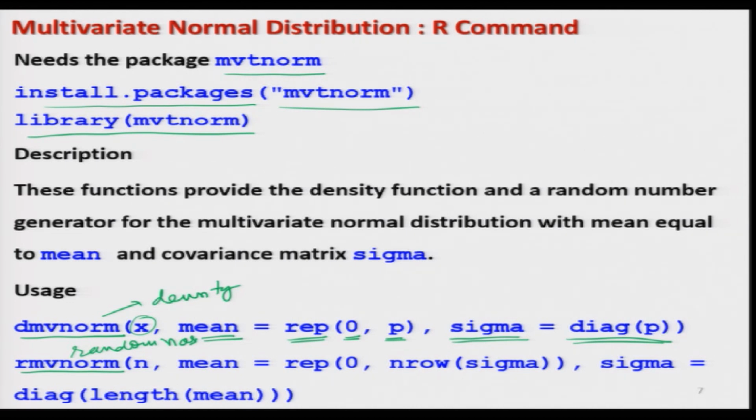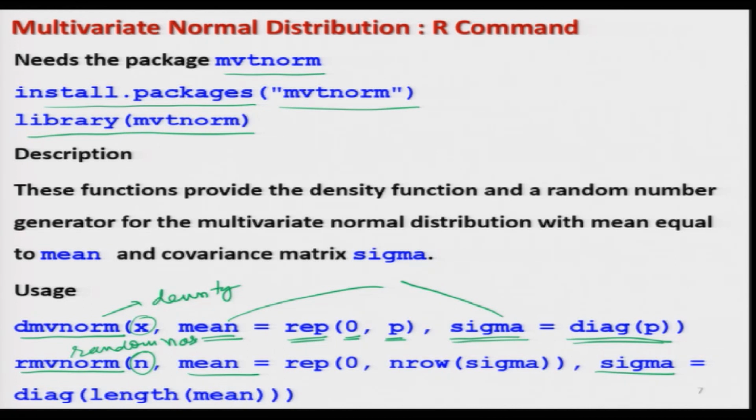Well, I have taken it just for the sake of illustration; otherwise, for this mean and sigma you can take any choice. Similarly here, if you want to generate random numbers, you have to give the value of n, that is, how many values you are going to generate, and then you have to specify the mean and the sigma according to your need and requirement.